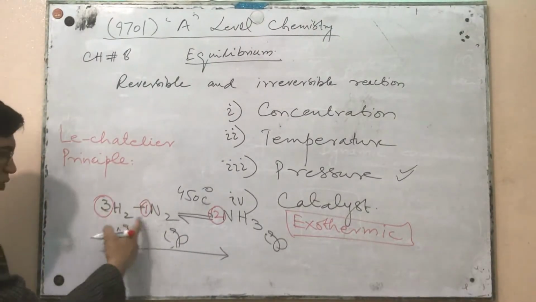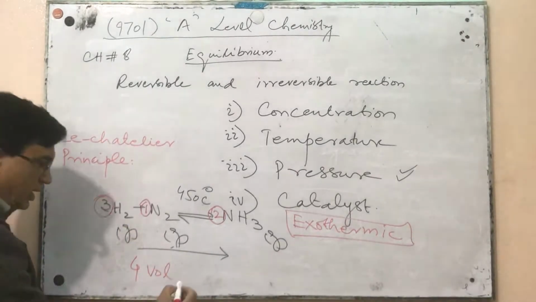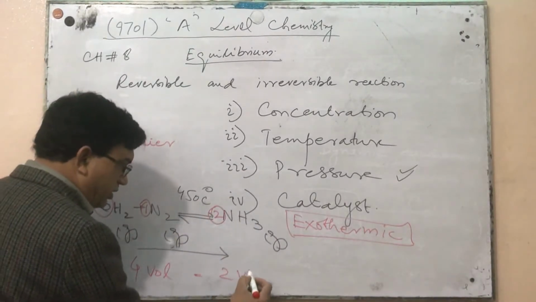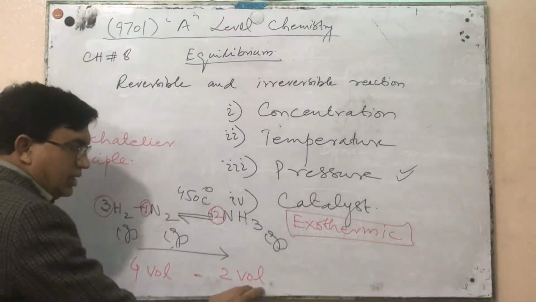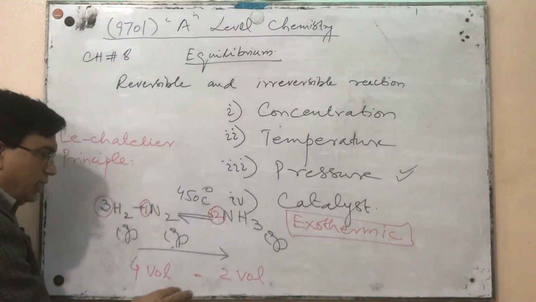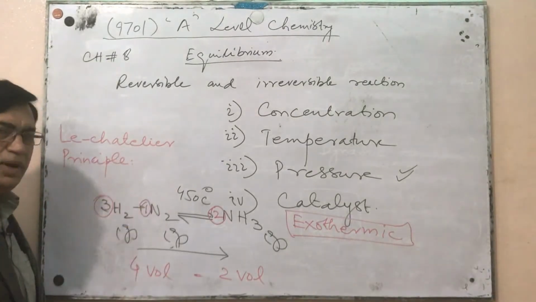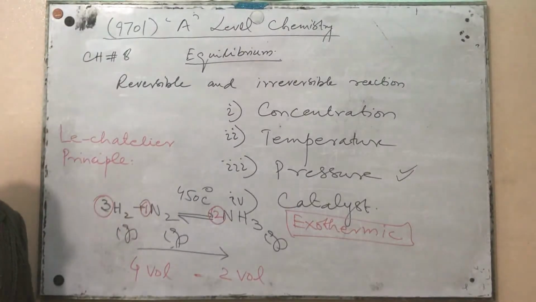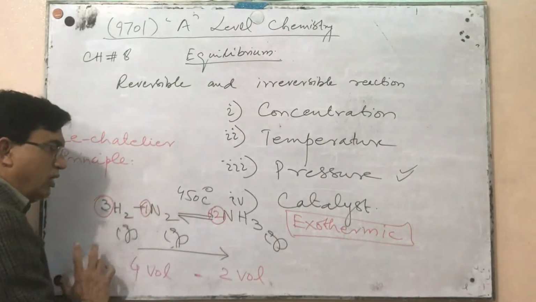It means that the total volume of reactants is 4 volumes, while the volume of the products is 2 volumes. Now, as the volume is decreasing on the product side, according to Boyle's law, if we apply high pressure, definitely reactants will change into the products more easily. This is the effect of volume.